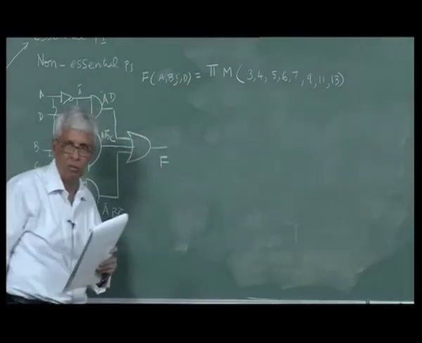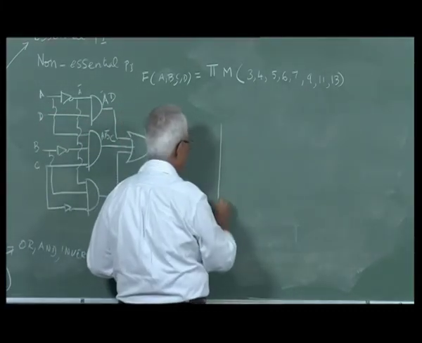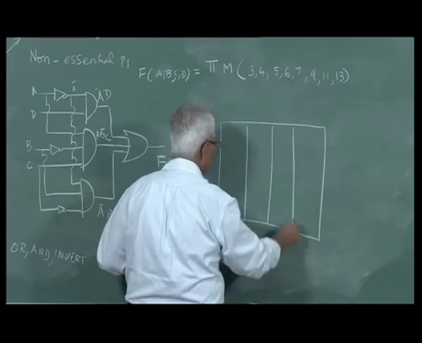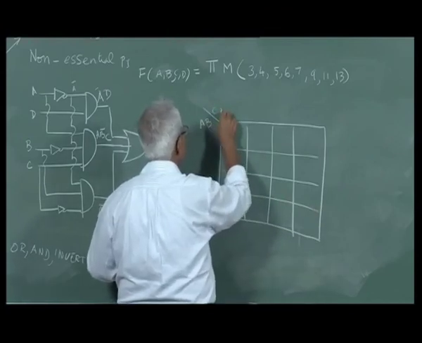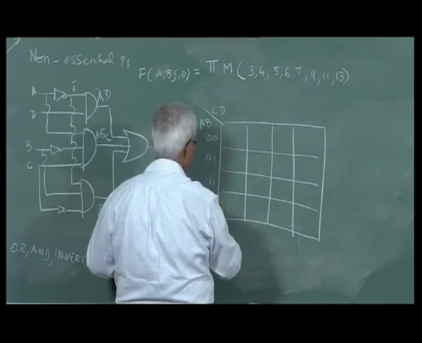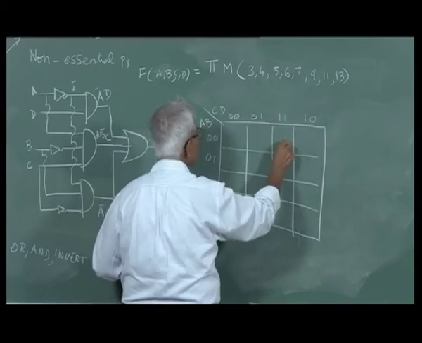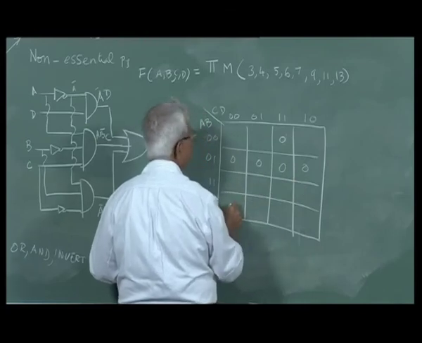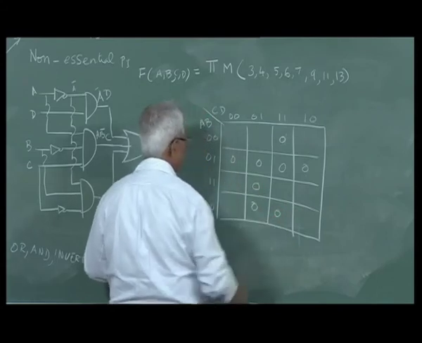Four variable function f, product, that means I have to use max terms, which means my function will be 0, 1, 2, 3, 4, 5, 6, 7, 8, 9, 10, 11, 12, 13. This is what it is.